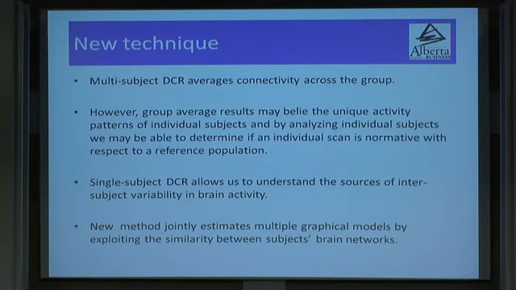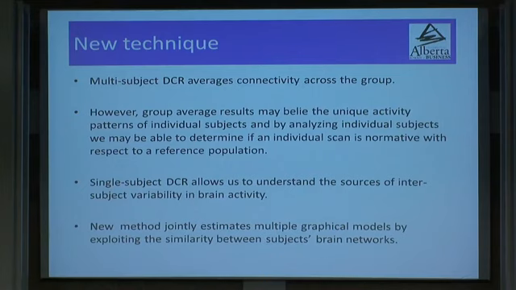And by analyzing individual subjects, we may be able to determine if an individual scan is normative with respect to the reference population, okay? So the single subject DCR allows us to understand the sources of inter-subject variability in brain activity, okay? So there are the two algorithms that we've published.